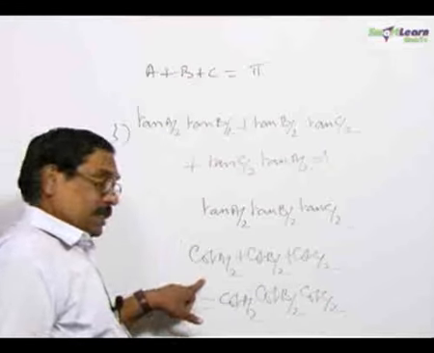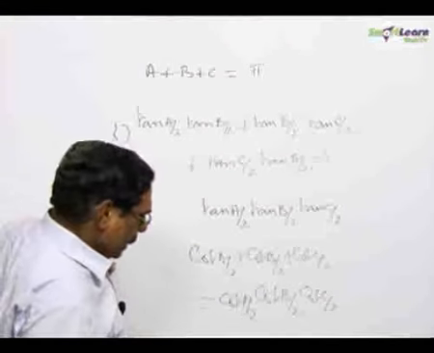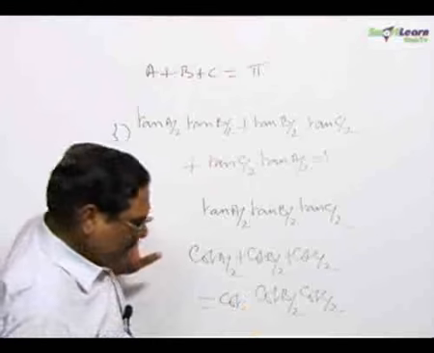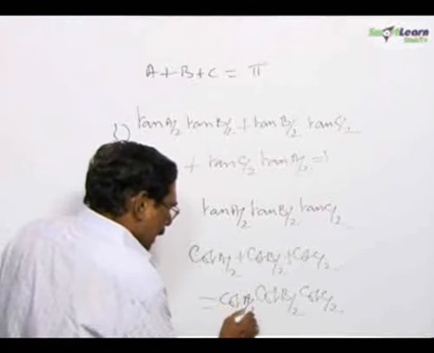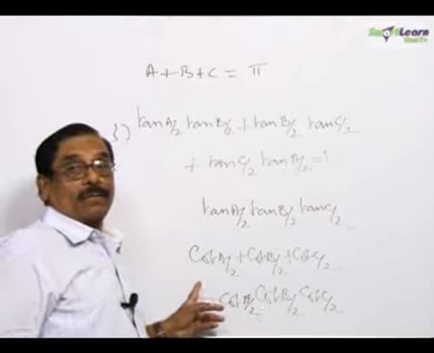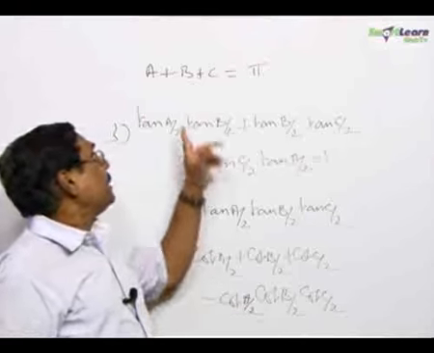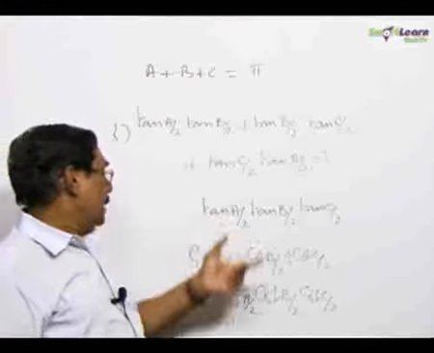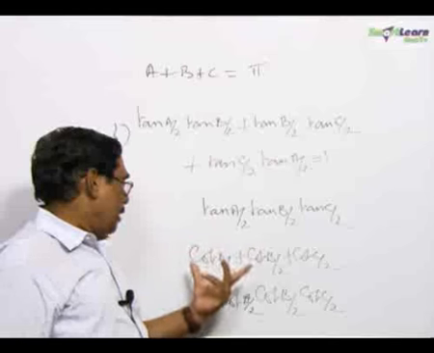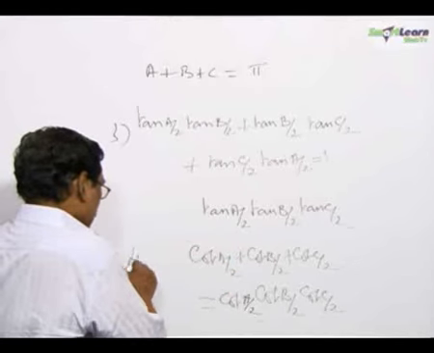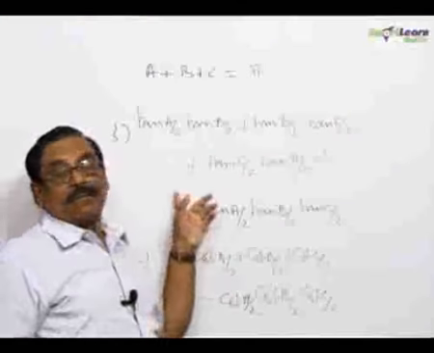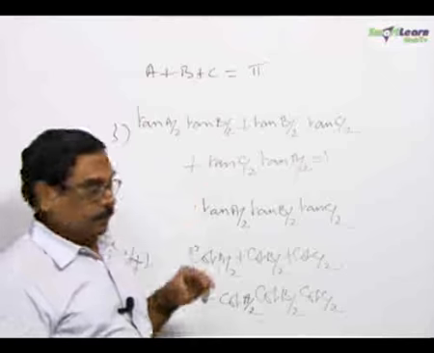Better you remember this. Why better? You should remember this result so that many of the problems given in properties of triangles involve this concept. If A, B, C are the angles of a triangle, then you can use either this result or this result. I will call it the fourth concept which is involved in the problems also.